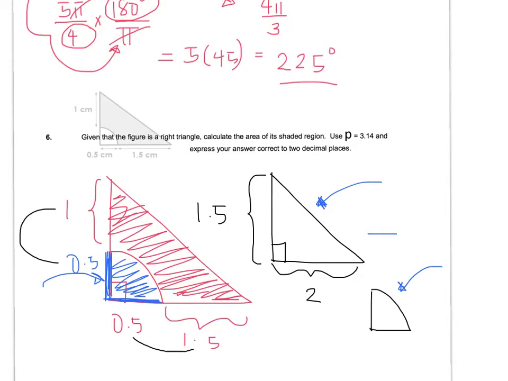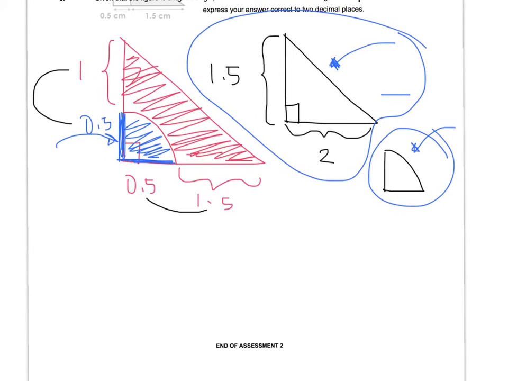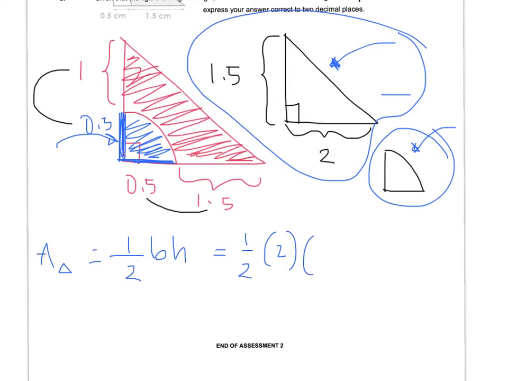So if we could find the area of this, and the area of the quarter circle, and subtract them, then we're done, right? Now let's find the exact areas. For the triangle, we need to use 1/2 base times height. That's the area of the triangle. It's 1/2, base is 2, the height is 1.5.